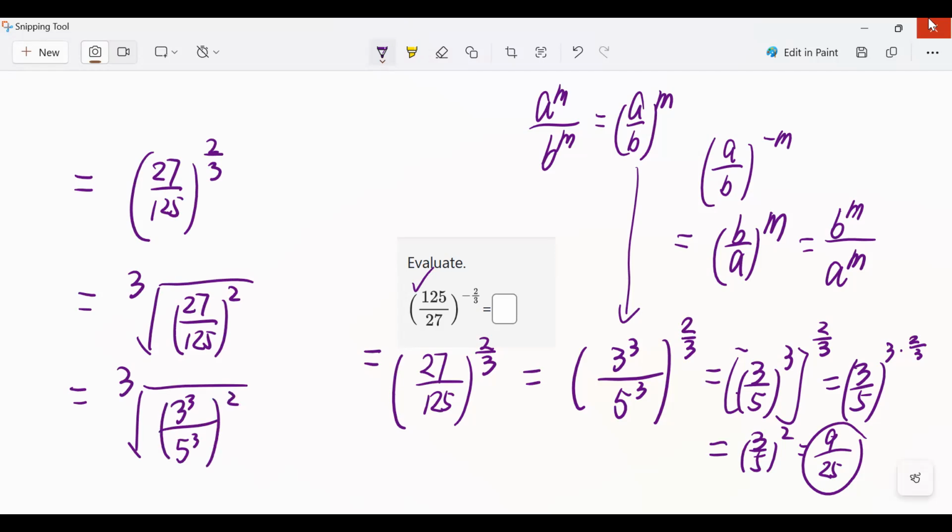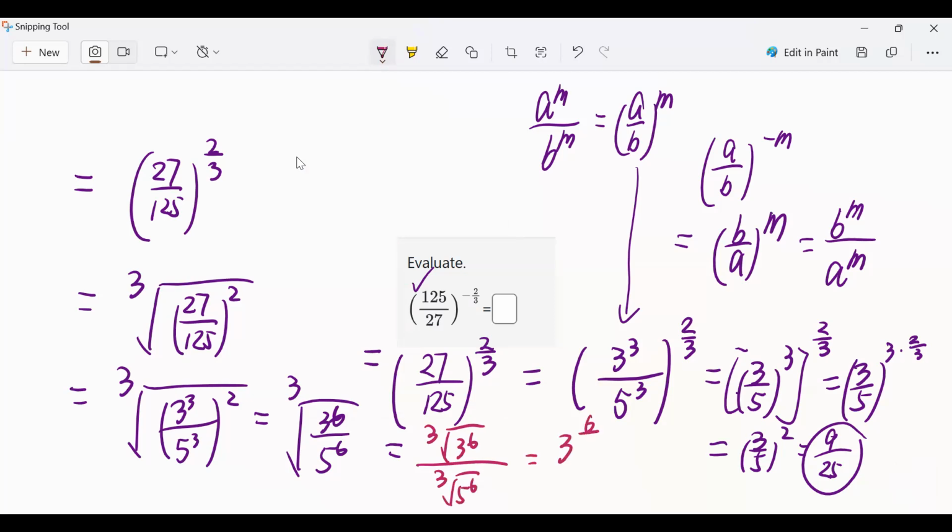To the second, and we're going to do cubic root of 3 to the 6, and then 5 to the 6. Now you split it as two different roots. Then we get cubic root of 3 to the 6 and cubic root of 5 to the 6. And we apply that property, 6/3, and we get 3 squared over 5 squared. It's 9/25.